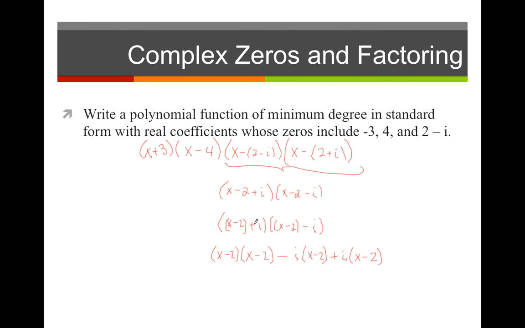And I get plus i and minus i makes minus i squared. Now notice that this and this cancel, and here I get x squared minus 4x plus 4. That's gone, and this becomes a plus 1. And we could use that and multiply by whatever we would have gotten here.